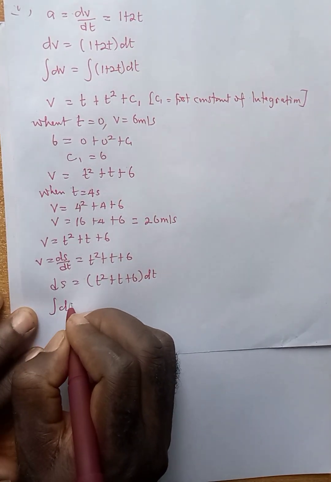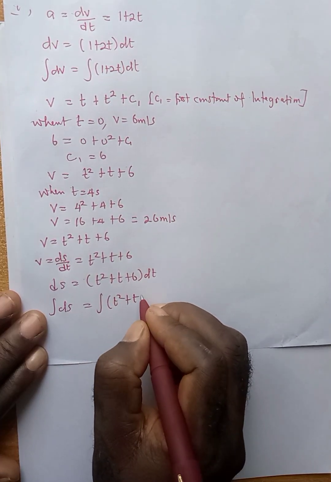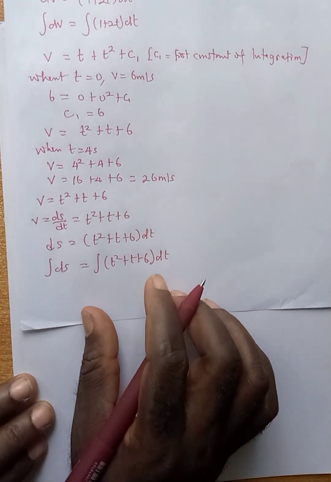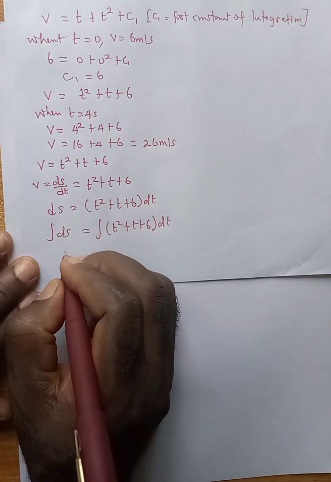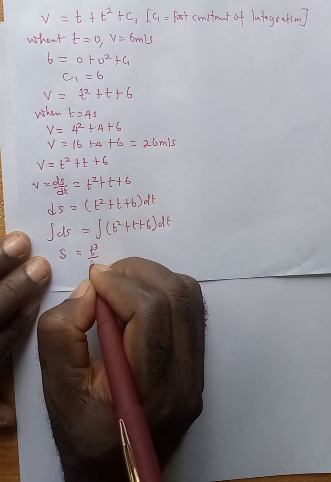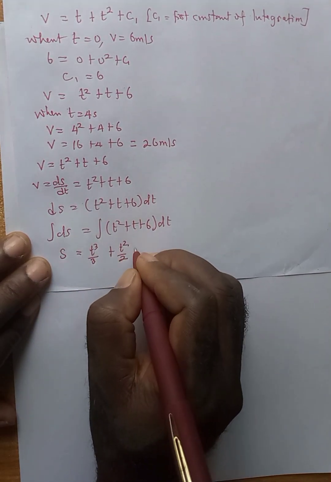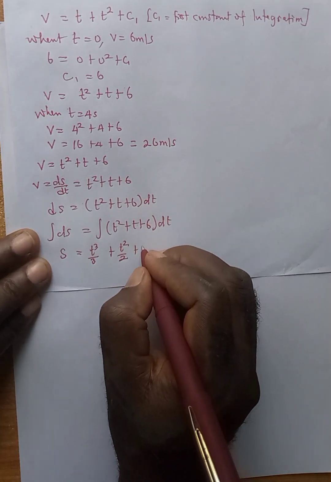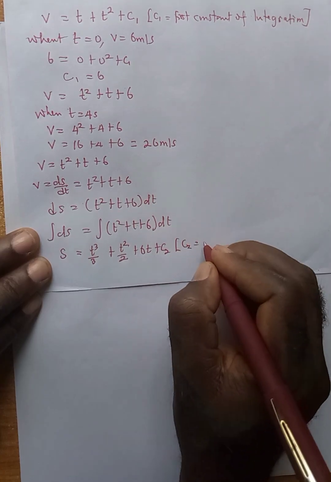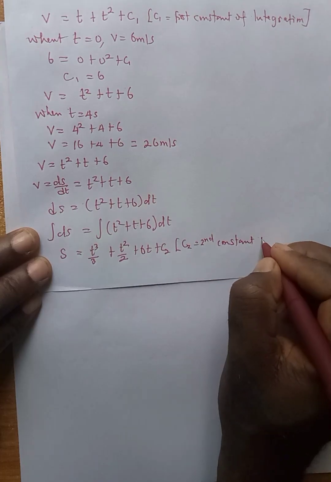We integrate ds equals the integral of t squared plus t plus 6 dt. When we integrate ds, it gives us s. When we integrate t squared, it gives us t cubed over 3, plus t squared over 2, plus, when we integrate 6, it gives us 6t, then plus c2, where c2 is the second constant of integration.